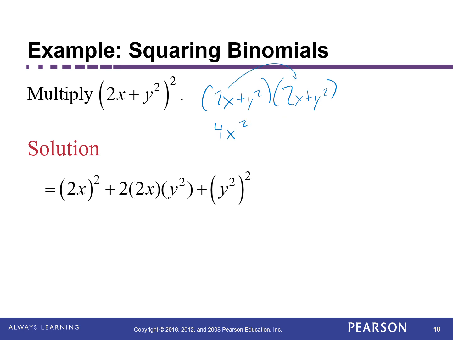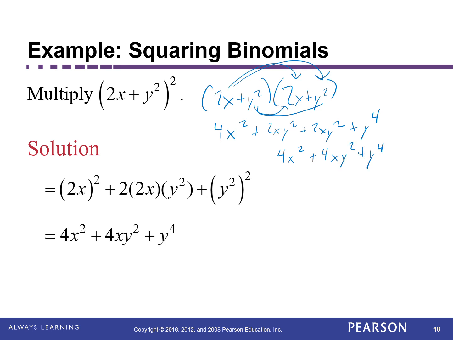Okay, that was your first. If we look at the outside, 2x and y squared would be plus 2x y squared. Inside would be 2x y squared. And last, y squared and y squared would be y to the fourth. Then you're just simplifying from there. You're going to get 4x squared plus 4x y squared plus y to the fourth.